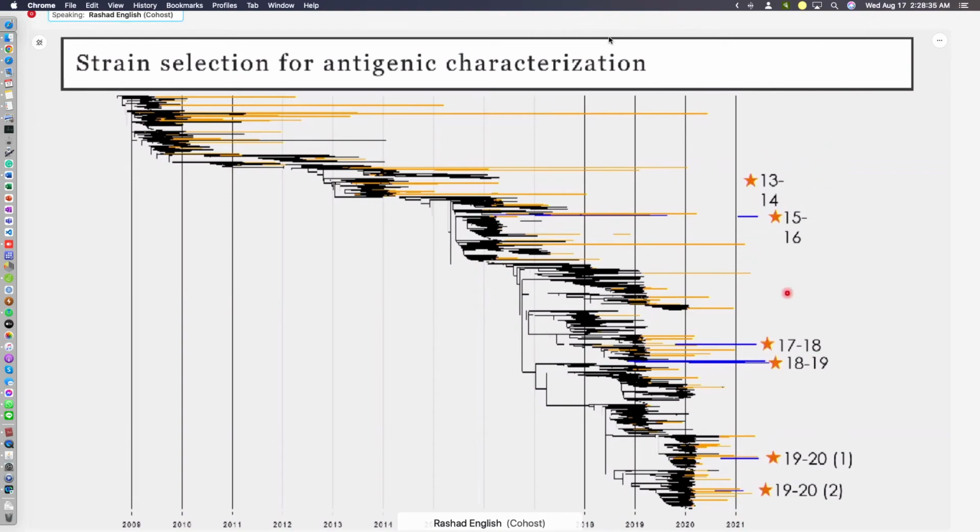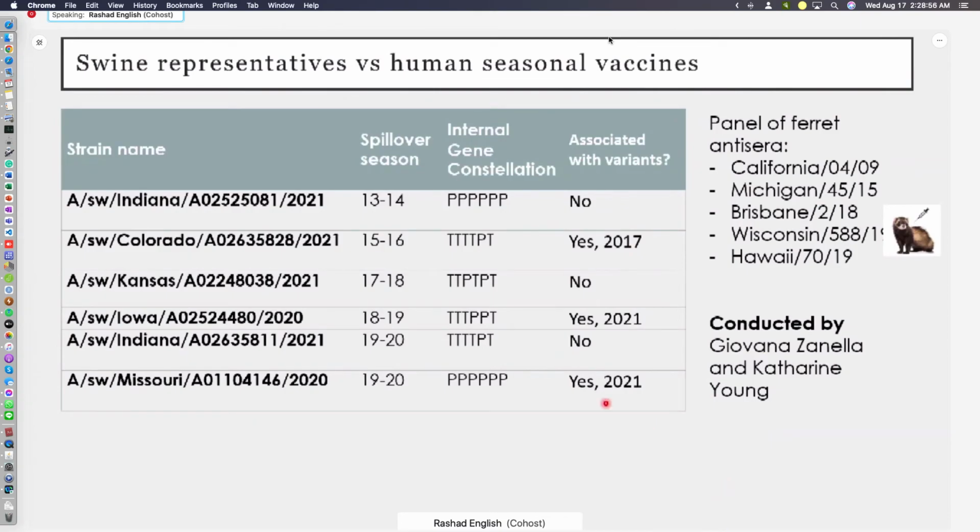Those are all contemporary strains, but they had various times to circulate in pigs before we picked them up. This spanned from the 13-14 season of human to swine spillover up to 18-19. For 19-20, we had 2 contemporary clades, which were 2 different strains. So this is the panel. We had 6 swine strains with various internal gene cassettes, and 3 of those were associated with swine to human transmission. We tested them against the panel of ferret antisera to those vaccines.